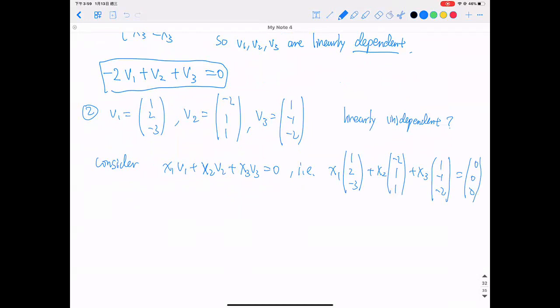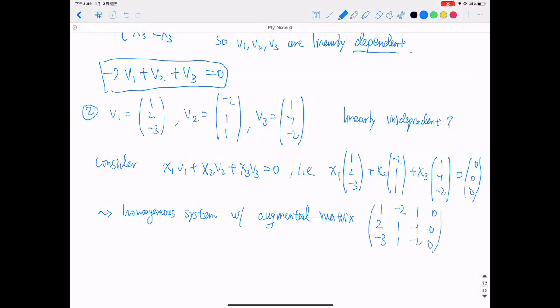Again, you see that you have a homogeneous system with augmented matrix given as follows. 1, 2, -3, -2, 1, 1, 1, -1, -2, 0, 0, 0 here.